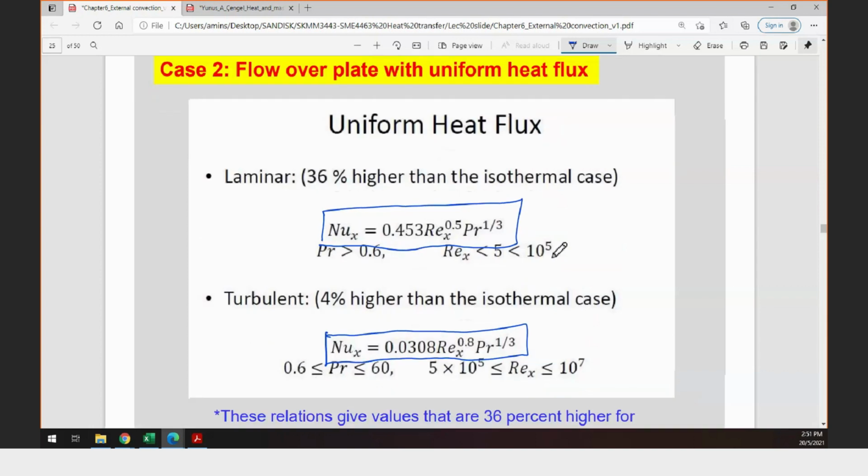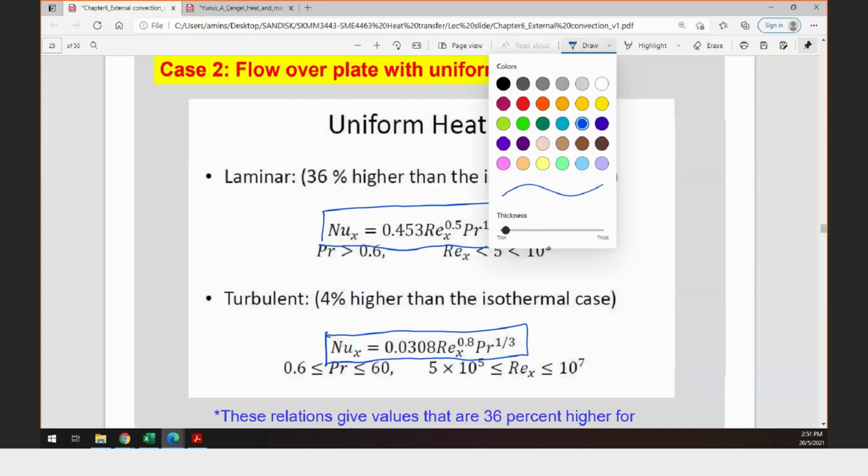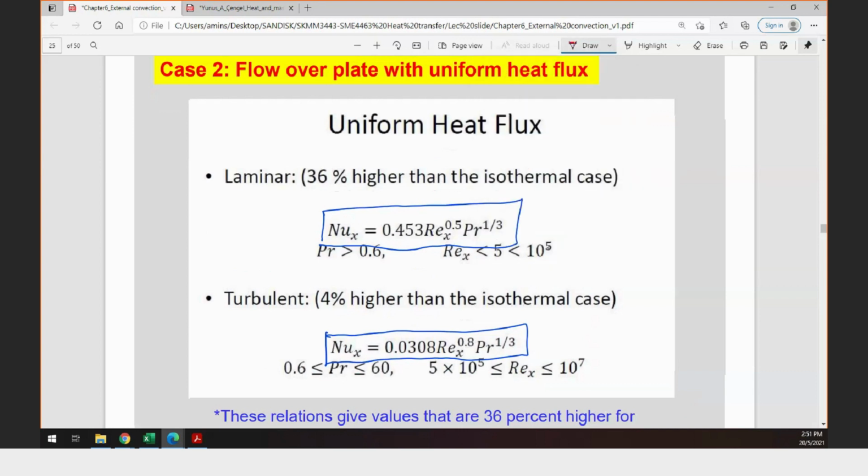From this slide, you don't have any question? If you don't have any question, I have a question for you. If you look carefully, for the uniform heat flux, you only have a local equation.